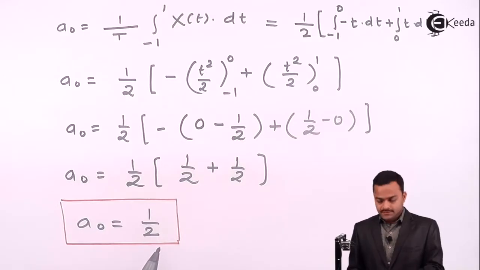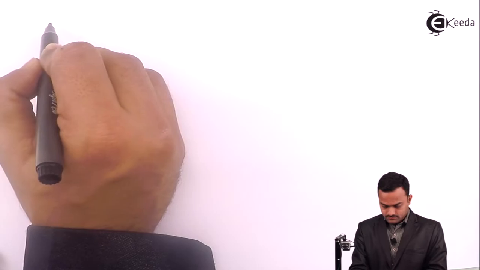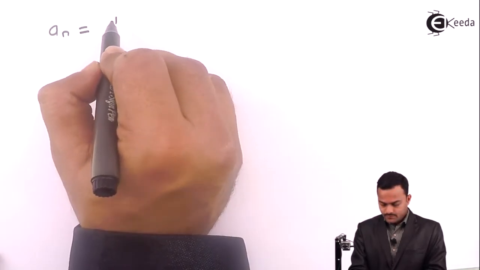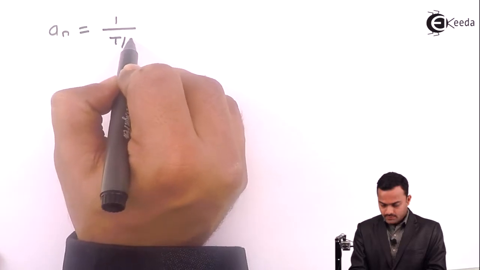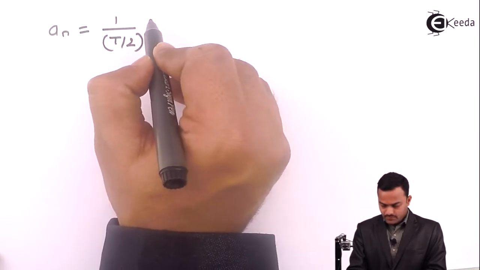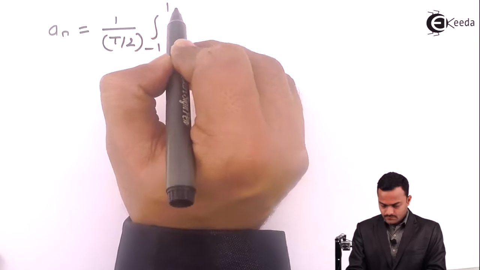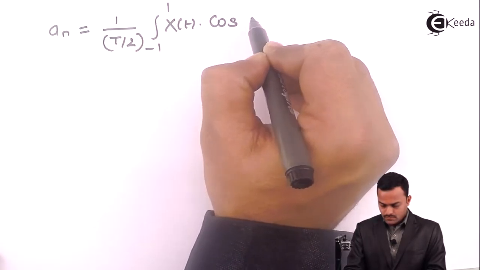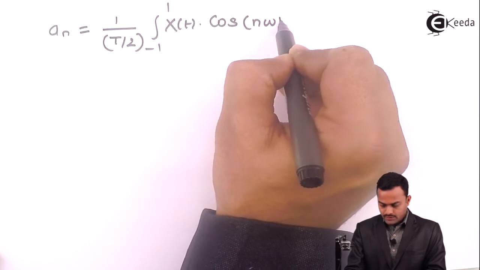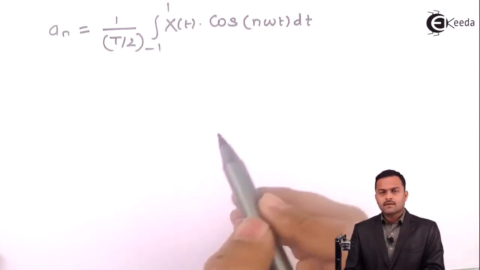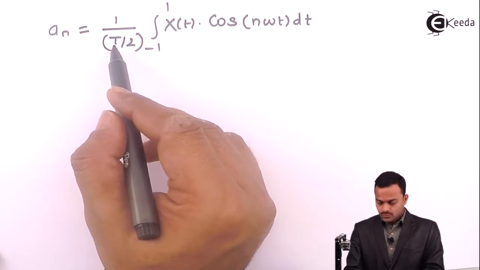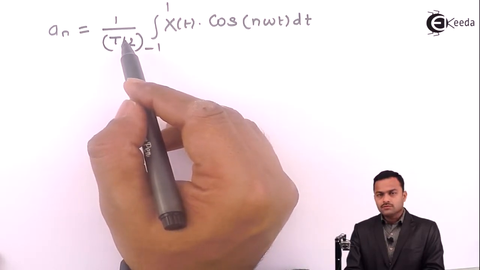Let's find out an. An is 1 upon half the time period. Waveform exists from minus 1 to 1, x of t into cos n omega t dt. Since we know this T is 2, so 2 by 2 is 1.